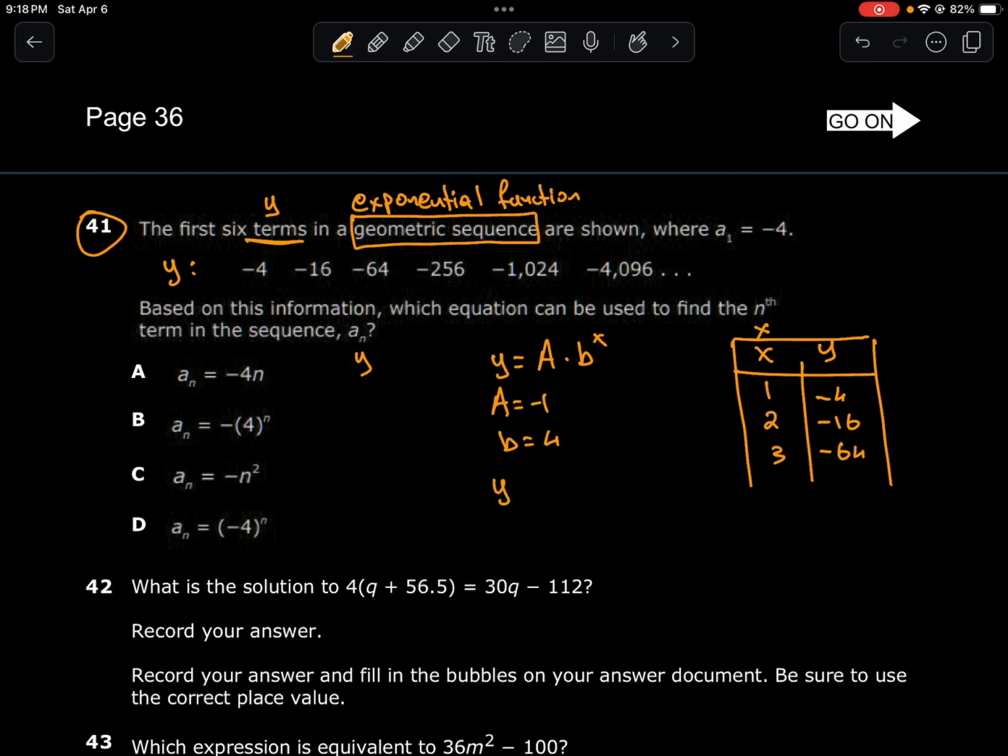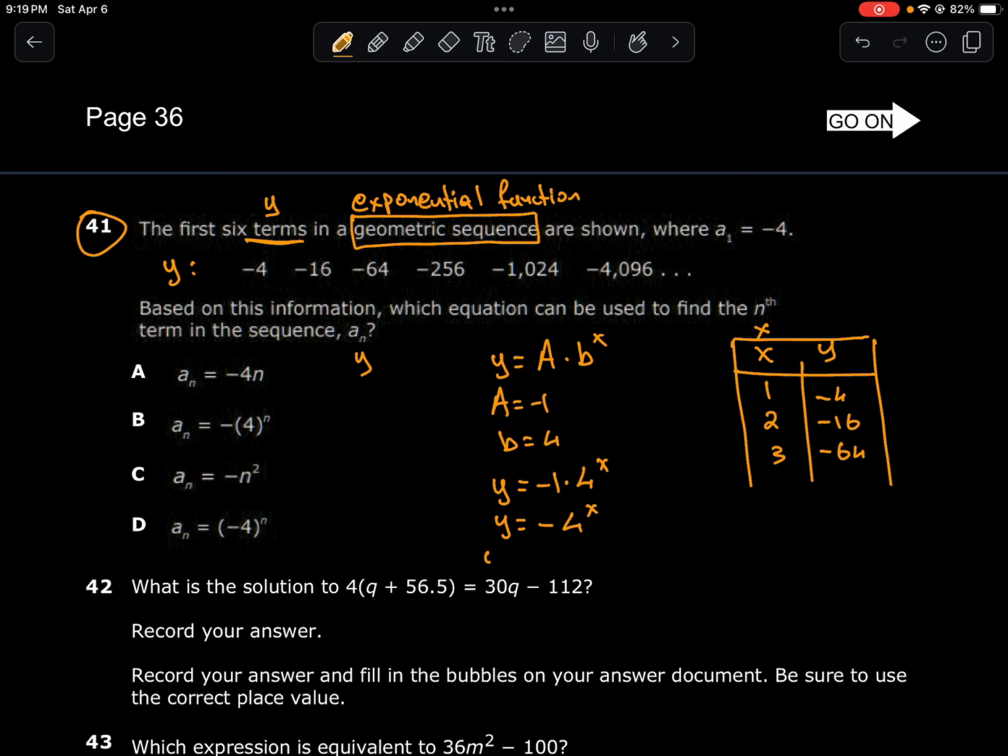So the function that represents this geometric sequence, the exponential function that represents this geometric sequence, is going to have -1 times 4 to the x. Usually we don't put -1 because times 1 doesn't change anything. It's just -4 to the x.